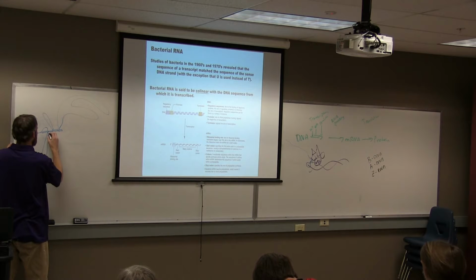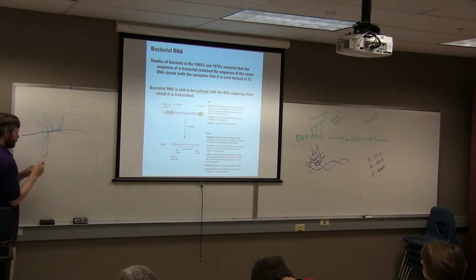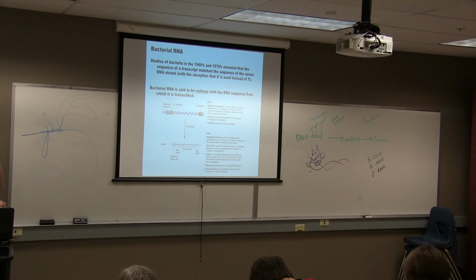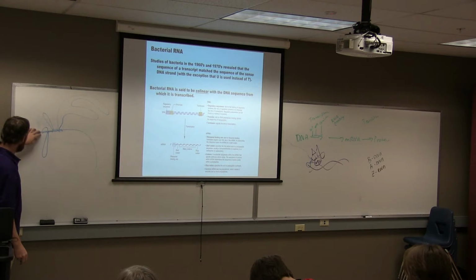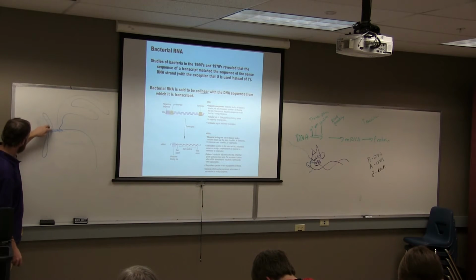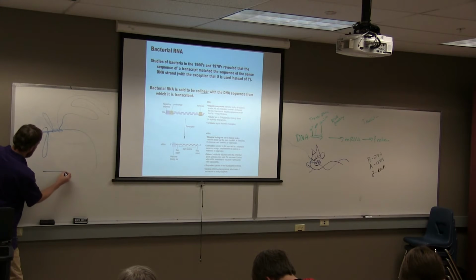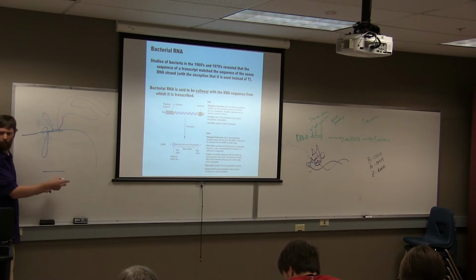Each one of these has a little loop of DNA on it. So we got double-stranded DNA, DNA displaced, double-stranded DNA, DNA displaced, double-stranded DNA. So the RNA must be like this, and the DNA has all these loops around here.